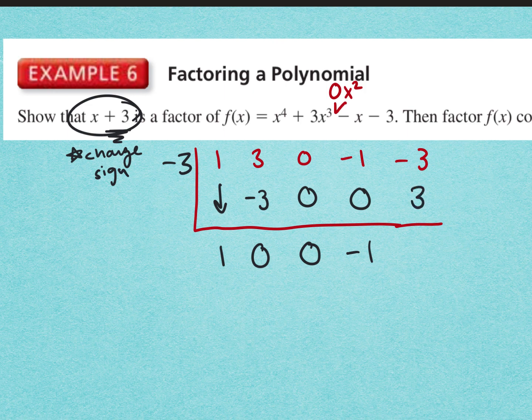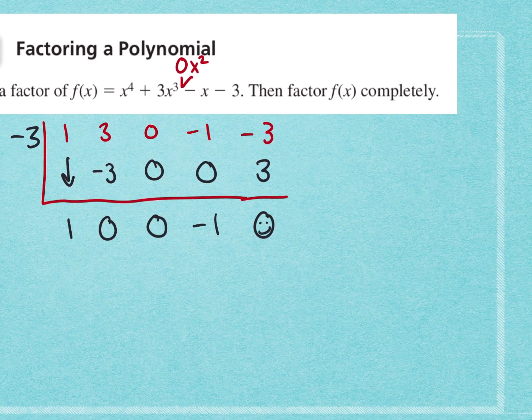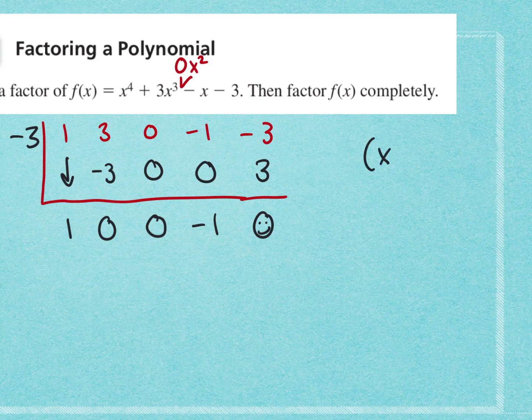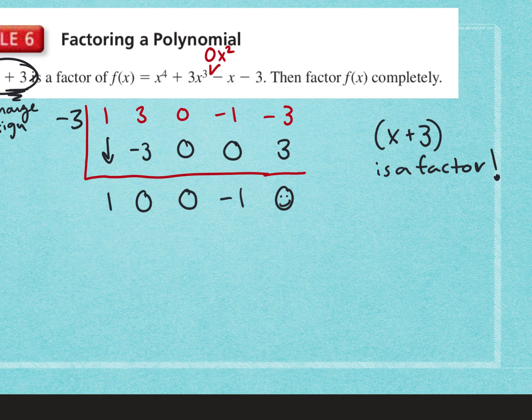And negative 3 plus 3? 0. So we get 0 as the remainder. So is x plus 3 a factor? Yes. So x plus 3 is a factor. But we have to continue factoring this.